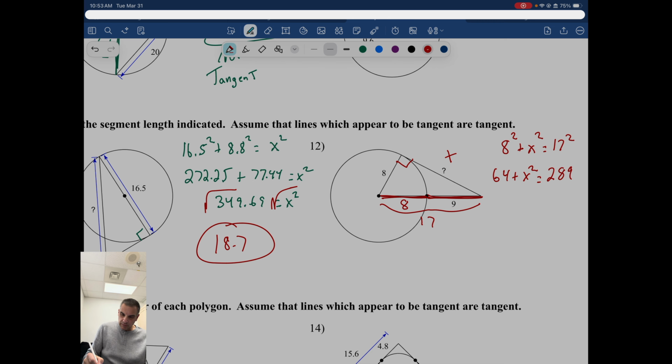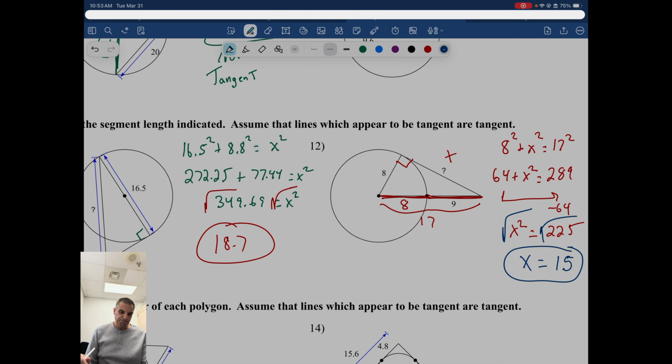I'm going to subtract 64. So x squared equals 225. One of them that I know. Square root of 225 is 15, I think. It is. It's 15. And that's our solution.